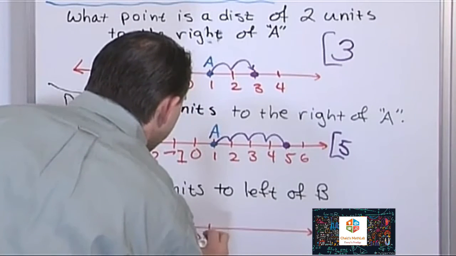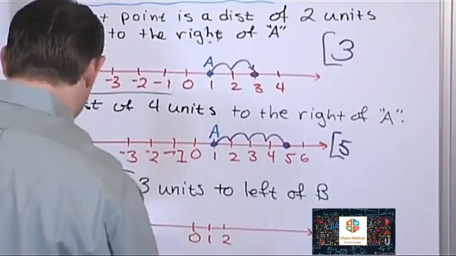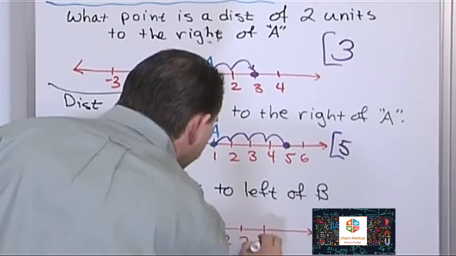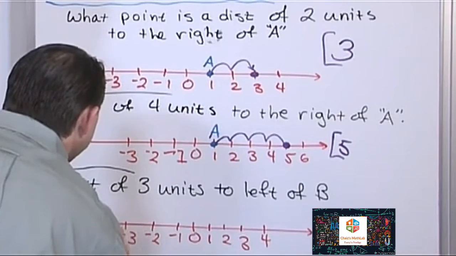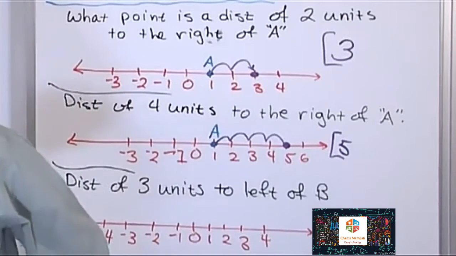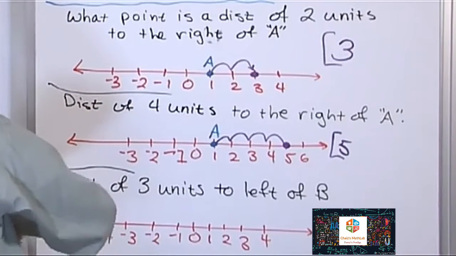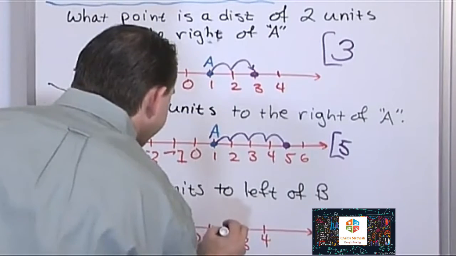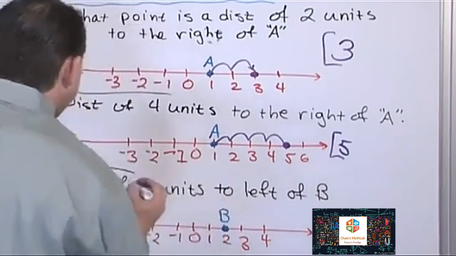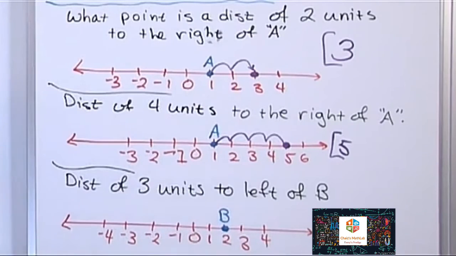This is 0, 1, 2, 3, 4, negative 1, negative 2, negative 3, negative 4. And let's say that our point B is going to be located right here. So the question is, a distance of 3 units to the left of B.